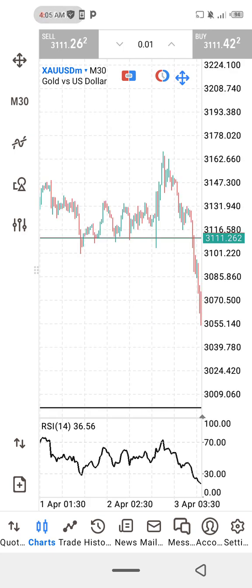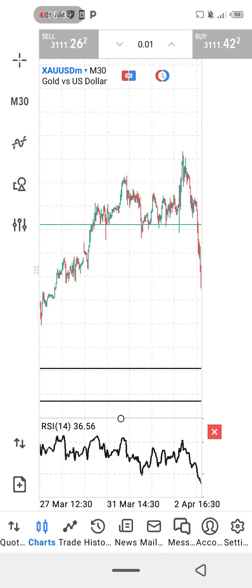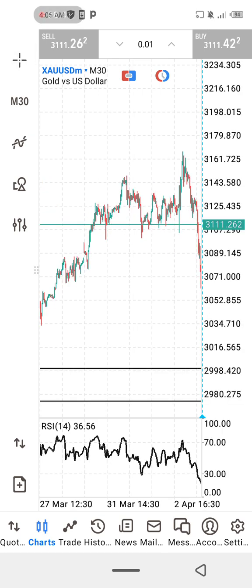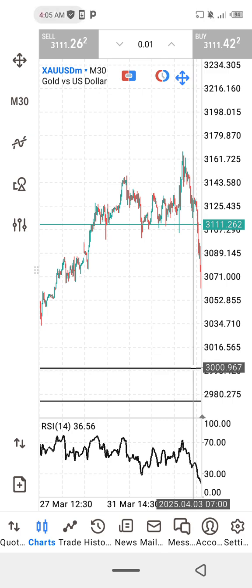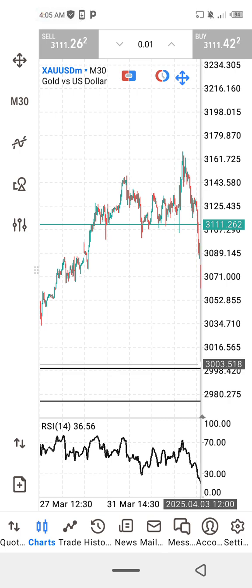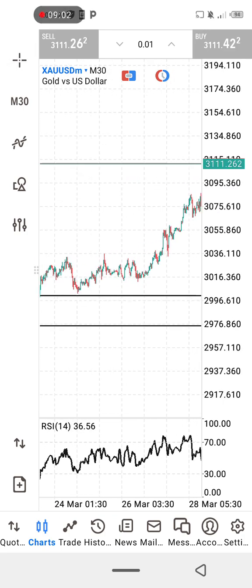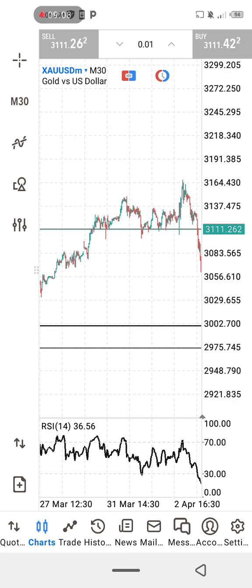Let's go to our 30 minute time frame. Once the market drops to this point and the candles forming signify that it's no longer a bearish run but a bullish run, and you see a bullish engulfing candle or a candlestick pattern that shows there will be a reversal in the market, that's when you will try to trade.